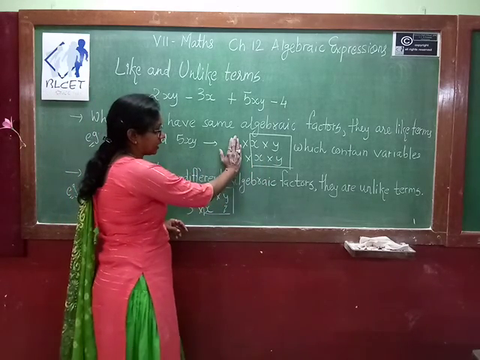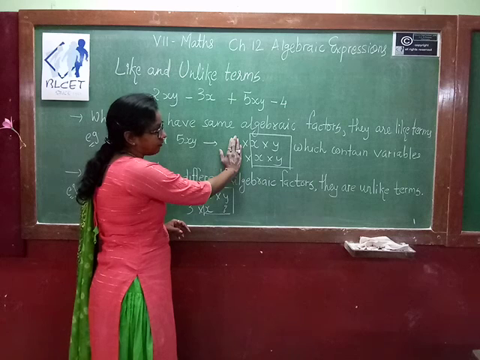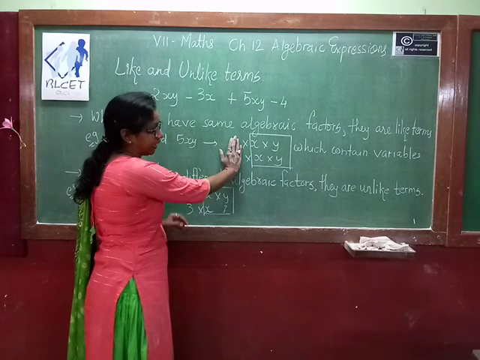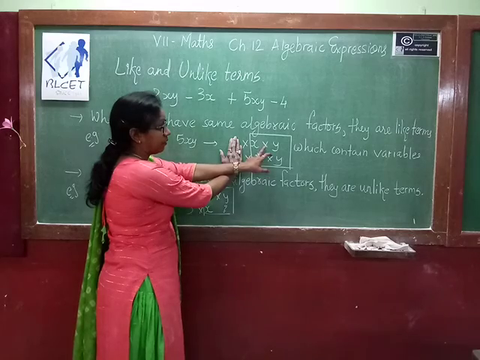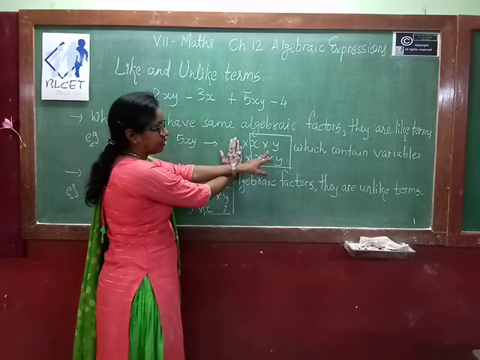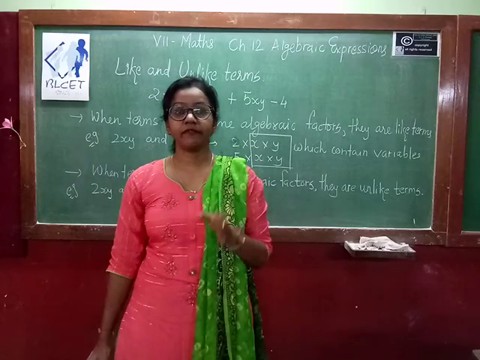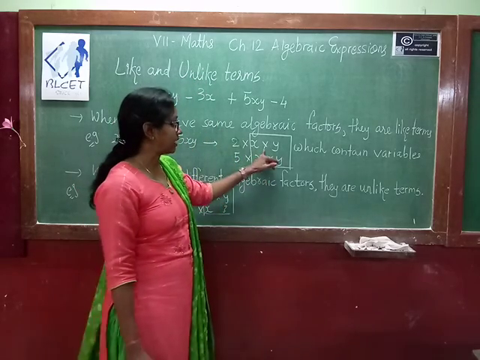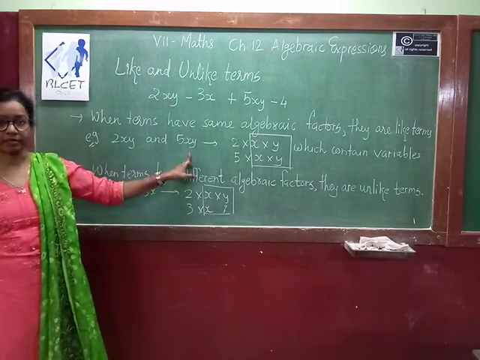We cannot consider the numerical values, but we have to consider the factors which contain variables. So here x, y, xy factors are same. For 2xy and 5xy, algebraic factors are same. So what can we say? 2xy and 5xy both are like terms.